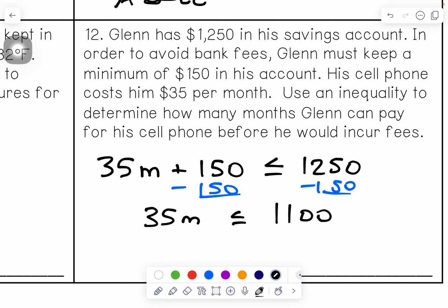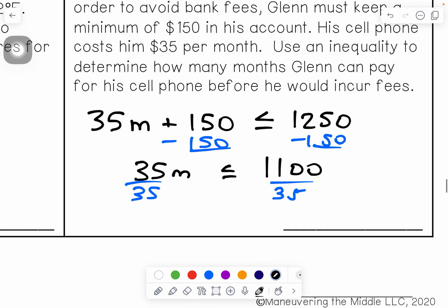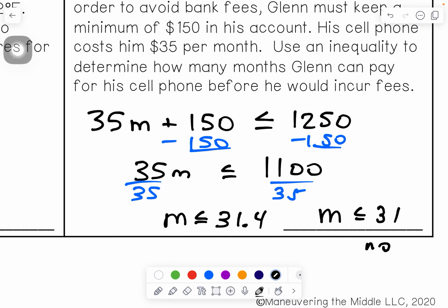If we divide by 35, we find out that the M value has to be less than or equal to 31.4. Now, we can't have 4/10 of a month. So in reality, we want to round this to the nearest whole number, and that's going to be 31. So he has up to 31 months. His months total has to be less than or equal to 31 months.